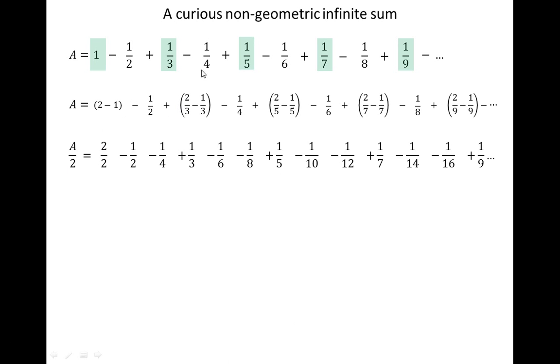The minus a quarter is in the 4th position here, but the 3rd position down here. The plus a third, which was 3rd here, is 4th down here. Minus 1 over 6, minus 1 over 6. Minus 1 over 8, minus 1 over 8. Plus a fifth, plus a fifth. In fact, everything that's here will appear exactly once down here.